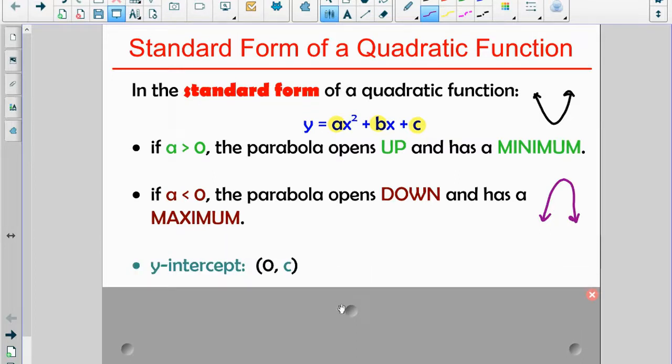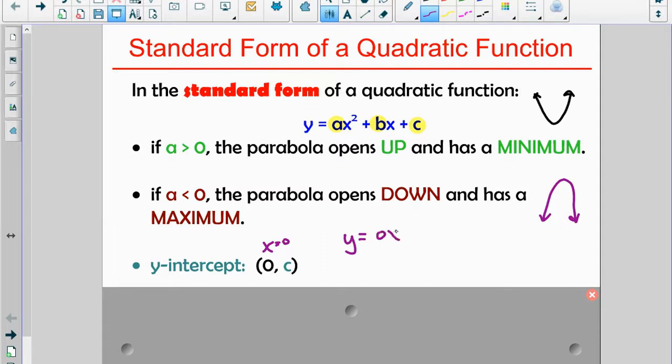Now, the y-intercept of the parabola will always be the value of C. Well, think about it. The y-intercept is always going to have an x-coordinate of 0. Okay, we've seen that before. We've seen that with linear equations. So in that case, if x equals 0, what's going to happen to our quadratic?